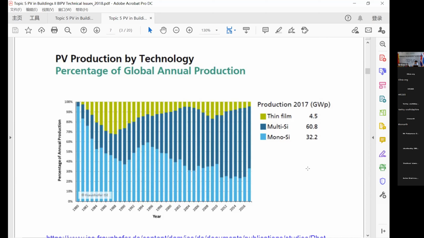It will definitely be higher than the module, because in the module we have a lot of other energy loss. The overall power conversion efficiency will definitely be lower than the solar cells in the lab.